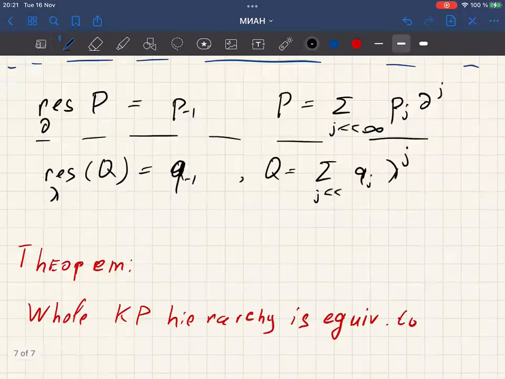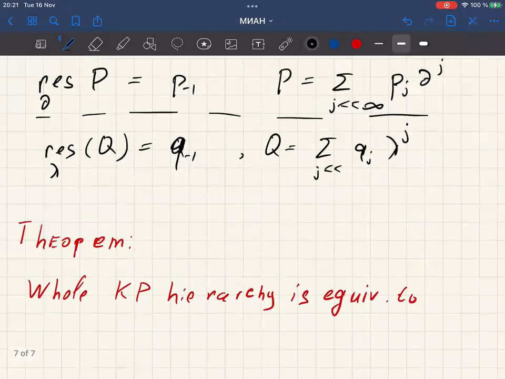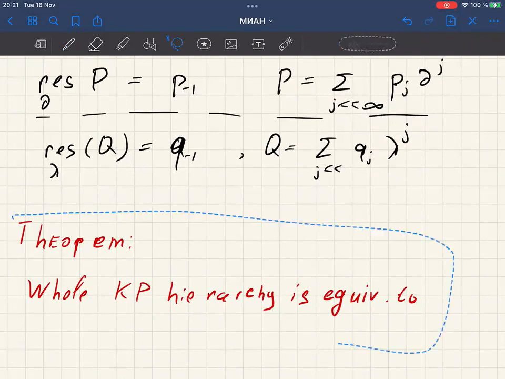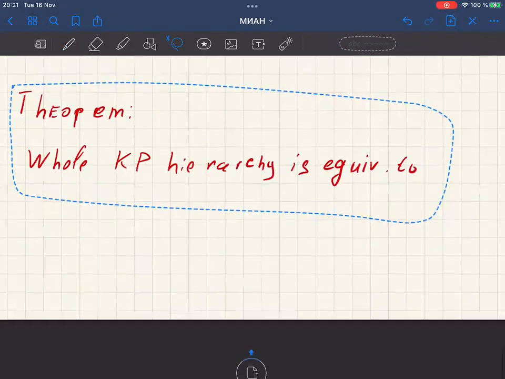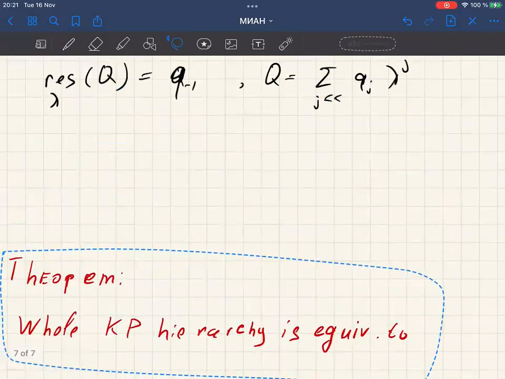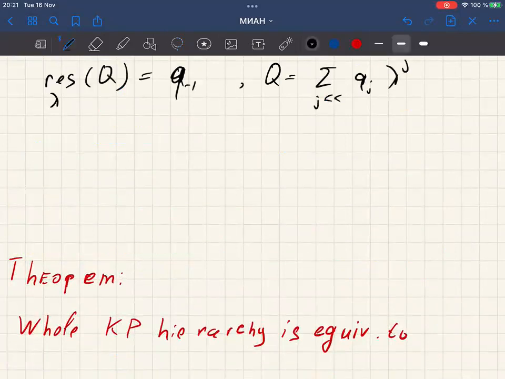These are two very natural definitions of residues, and I need one lemma to connect them.